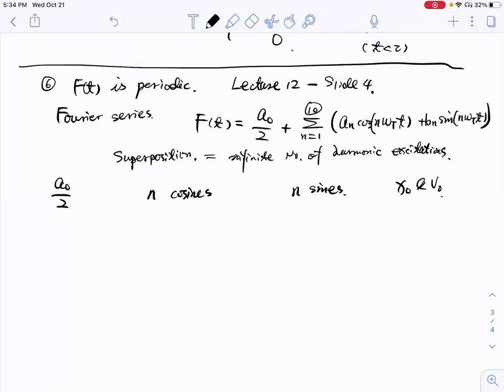So that means you're going to have 2n plus 2 subsystems. For each subsystem, use one of the building blocks to solve them, and then just lump them together.